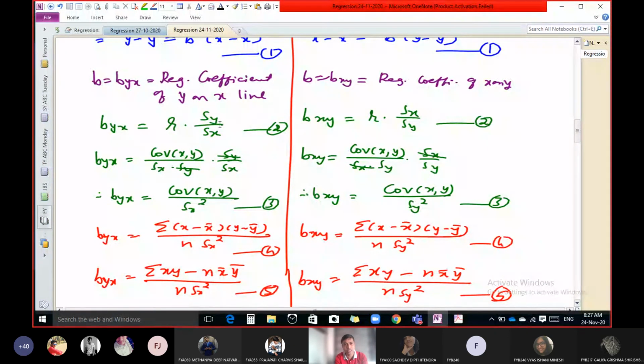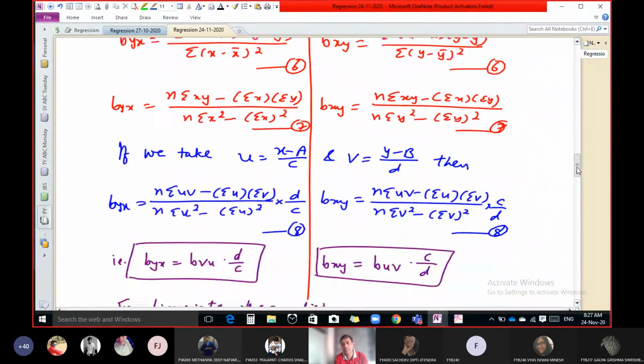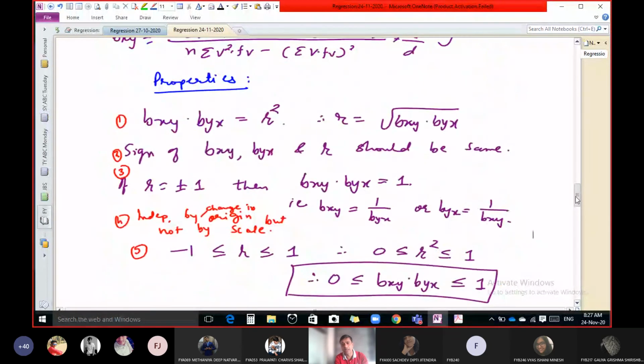We know that standard deviation cannot be negative, so this value is always positive. Now if r is negative, byx is negative. If r is positive, byx is positive. The same thing is here: if r is positive, we get this positive number because this is always positive, and if r is negative, we get this value negative. That is why bxy, byx and r must all have the same sign, and all depend on the sign of correlation.